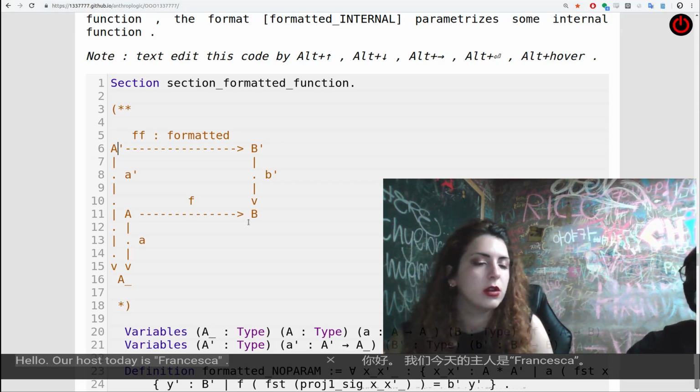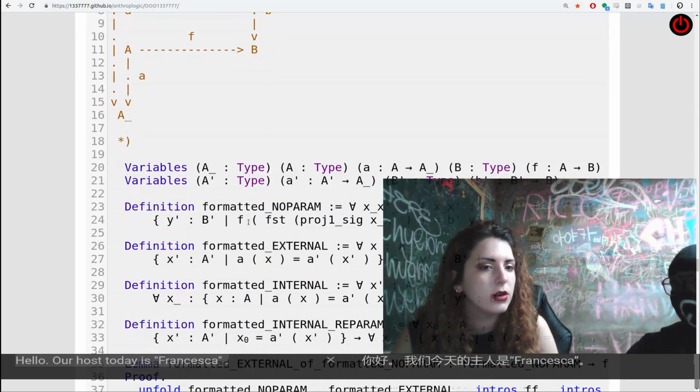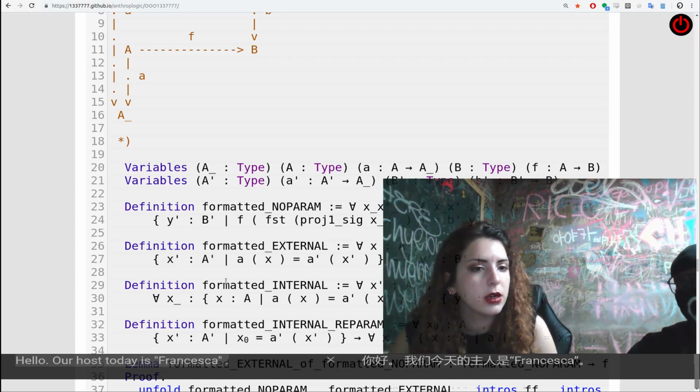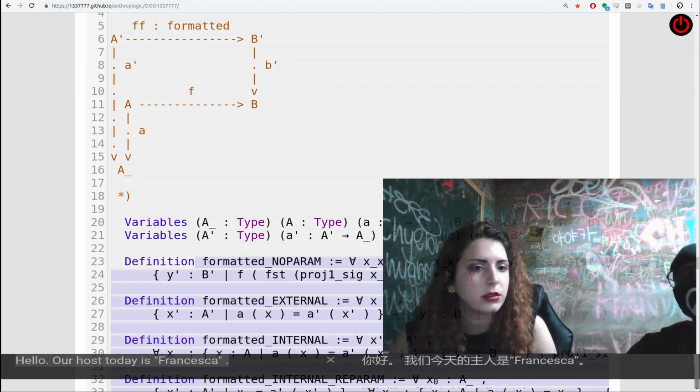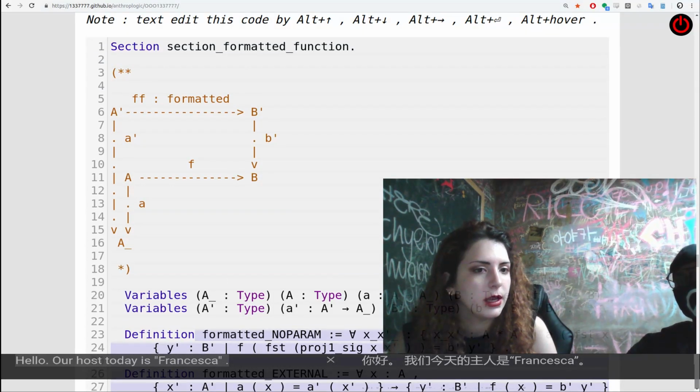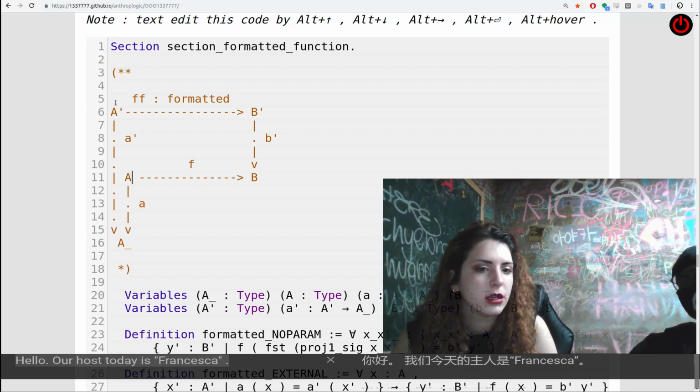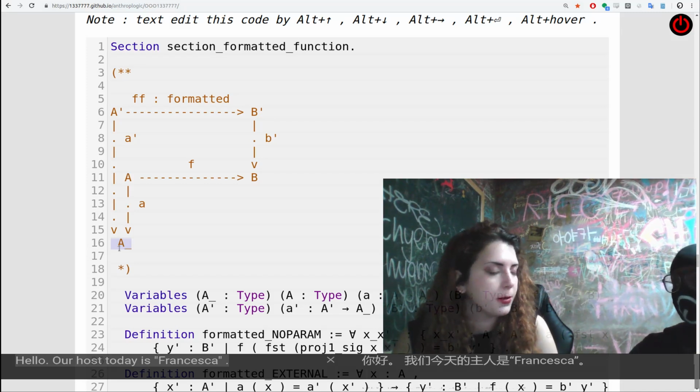Depending on how you say things, it gives four different formats. So if you say I take this and this at the same time.